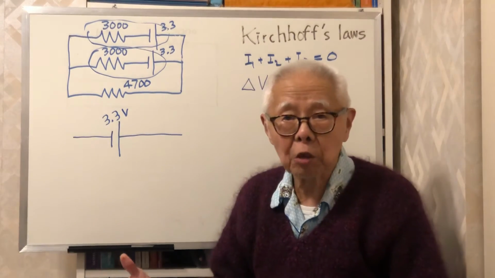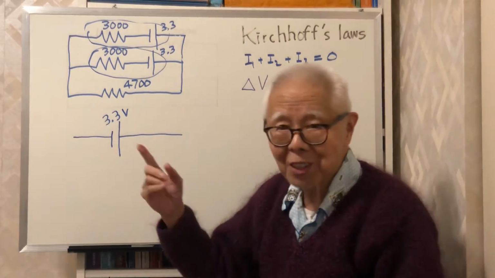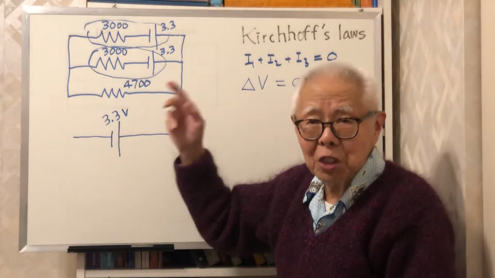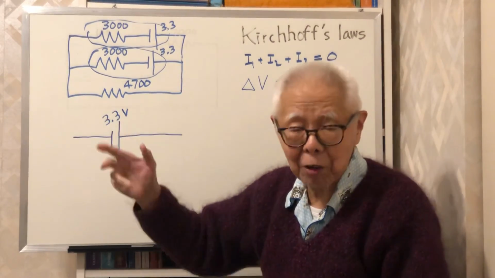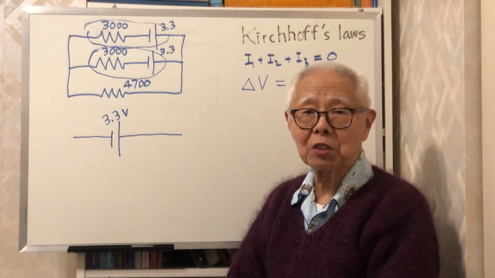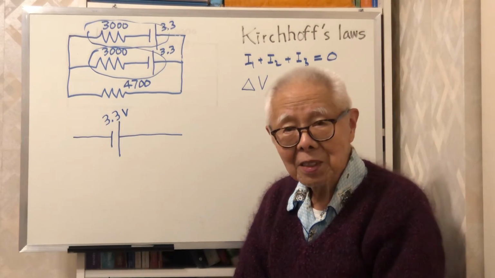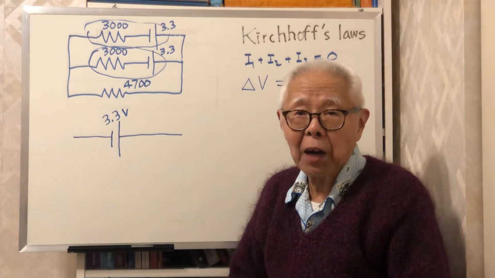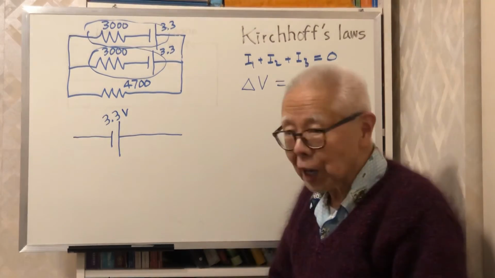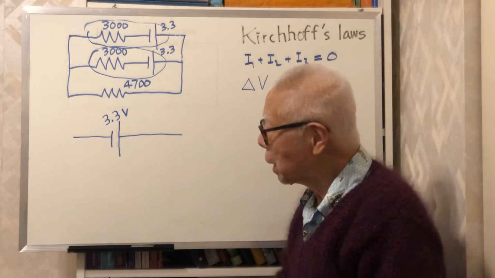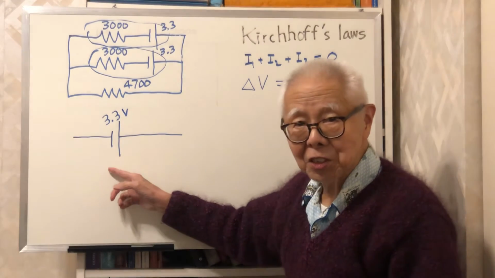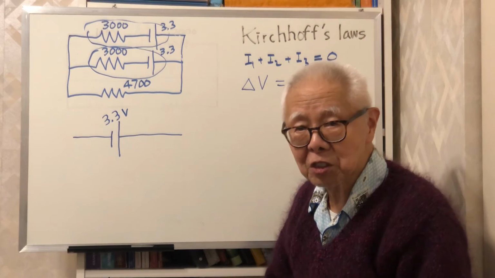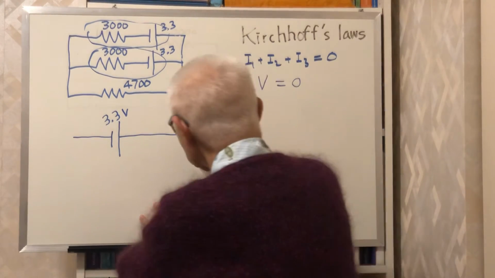How about the internal resistor? Look, these two internal resistors are also in parallel. When two resistors are in parallel, their equivalent value becomes half as much. Therefore, my combined single battery has an internal resistance only half that much.